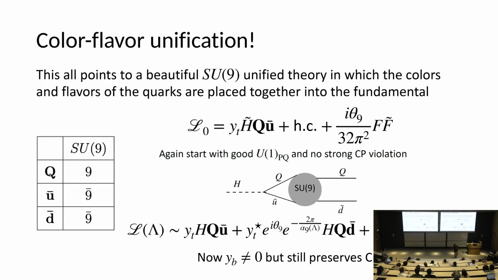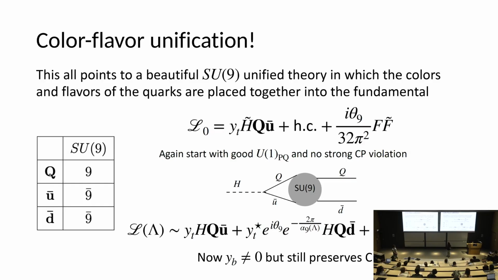Can I ask one more question? Did you also consider models with one heavy generation relative to two lighter generations? Here it looks like everybody's on the same footing. Indeed, everyone's on the same footing. I think that's a useful feature. But the top is way heavier.